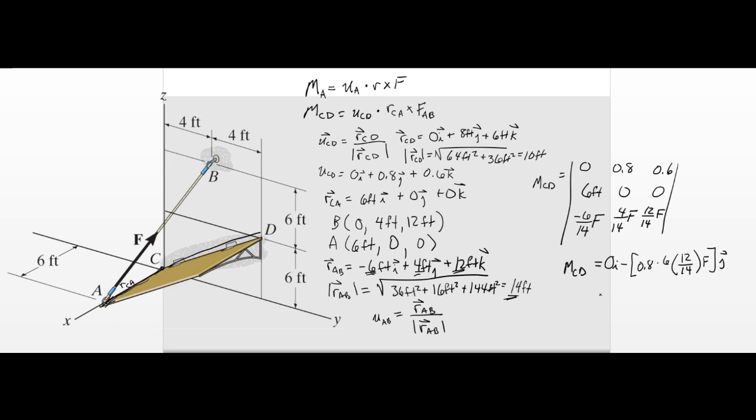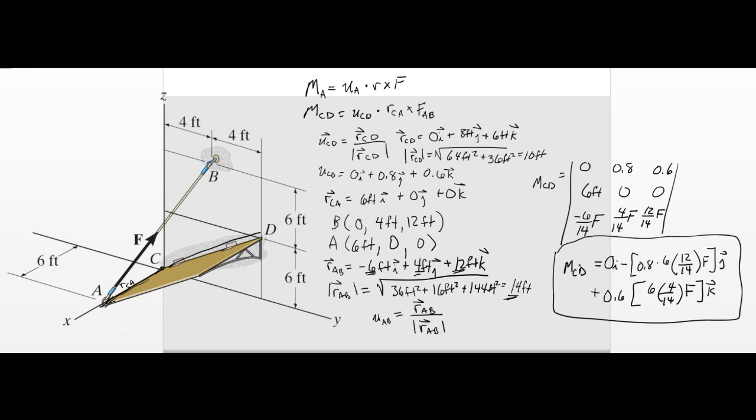And then we have to calculate the k, so this is 0.6 times 6 times 4 over 14, and then minus 0 times minus 6 over 14, so that's just 0. And then we don't forget you have to multiply by the force magnitude, and you have k here. So this is how, and you can calculate the rest of this one, but this is the moment about the CD axis.